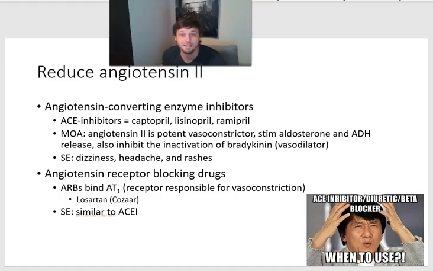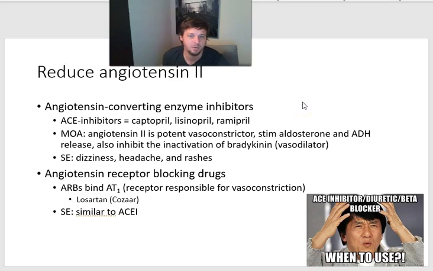So another way to decrease blood pressure is to interrupt the RAA mechanism. So you can do that with angiotensin converting enzyme inhibitors, or ACE inhibitors, like lisinopril, captopril, ramipril.